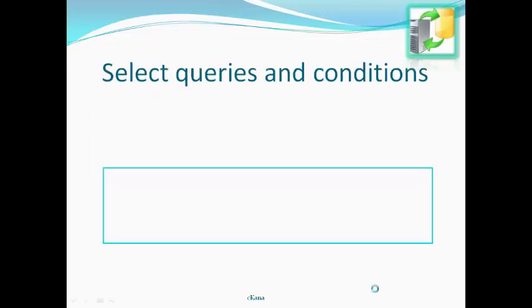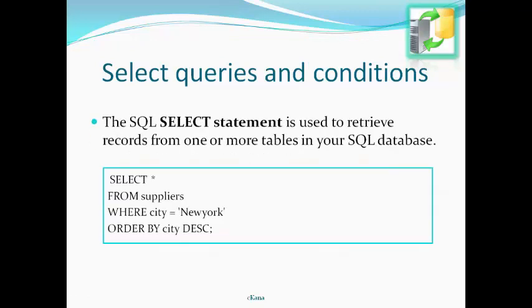Now we will discuss the select queries and conditions in detail. The select statement is used to retrieve records from one or more tables in your SQL database. For example, how to use a select statement. We have an example that says select * from suppliers where city equals New York, order by city descending.